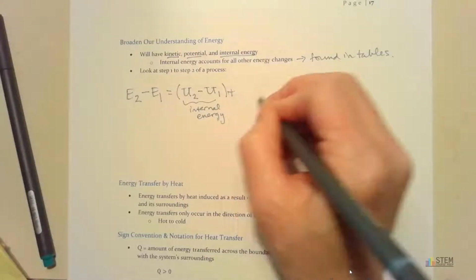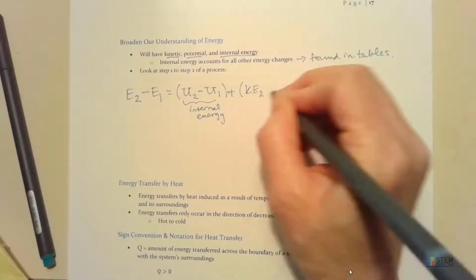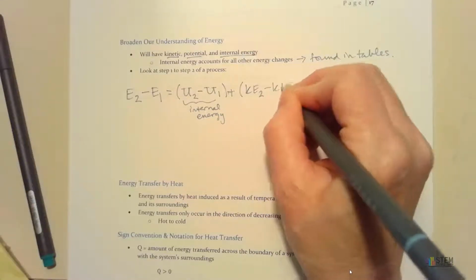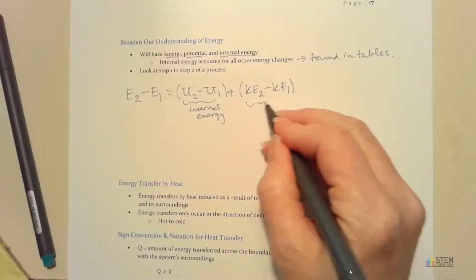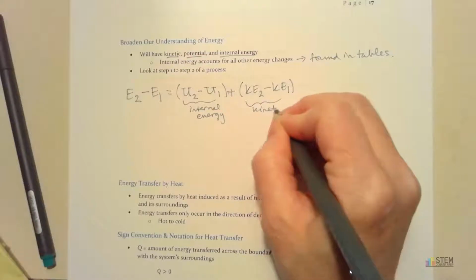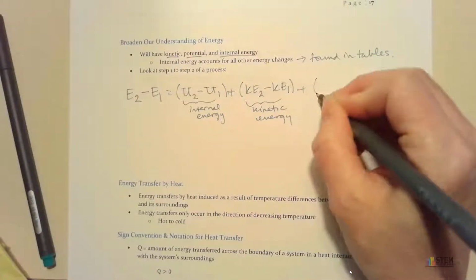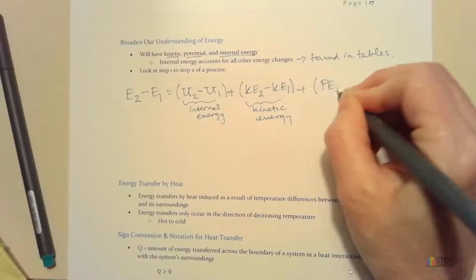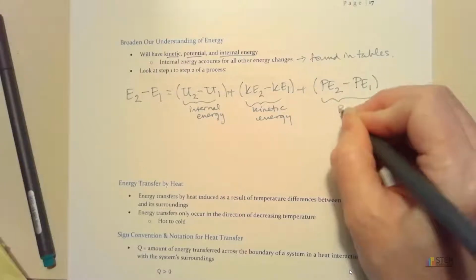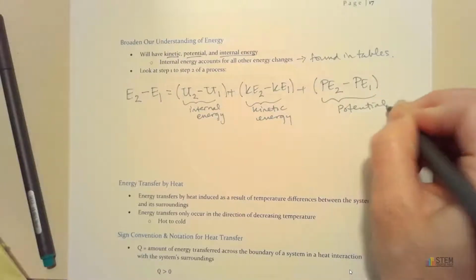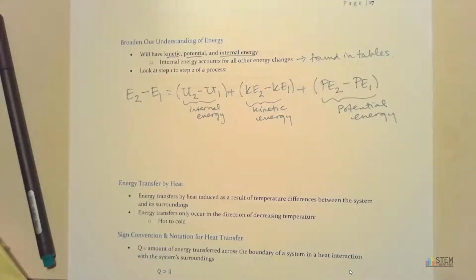And then after that, we're going to add to that the difference in kinetic energy. So we'll have our kinetic energy at state 2 subtracted with the kinetic energy at state 1. And then finally, you guessed it, we got potential energy. So here we're going to have the potential energy at state 2 minus potential energy at state 1. So these are going to be our three energy sources we're going to have in this equation.